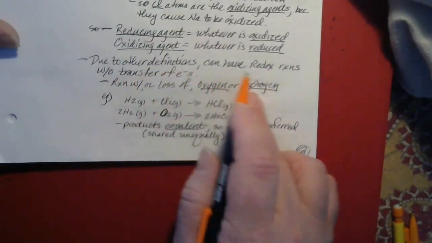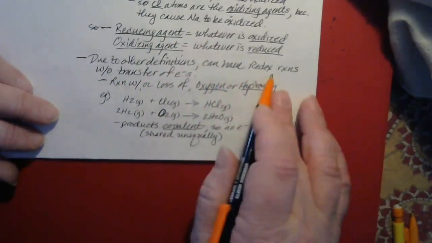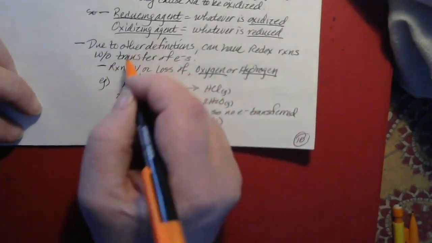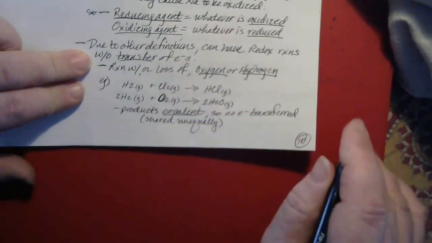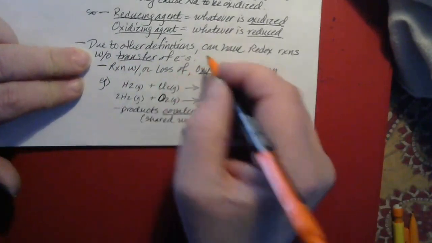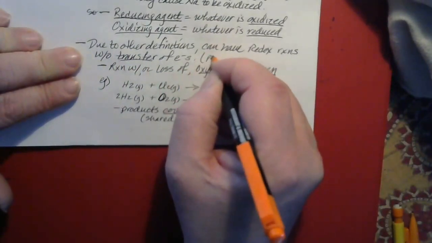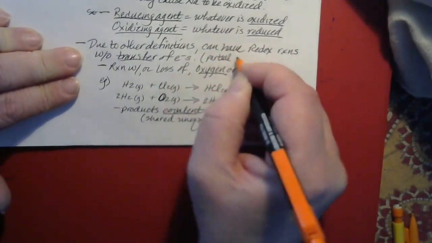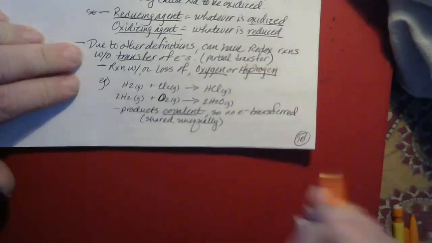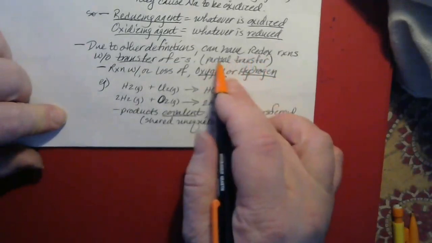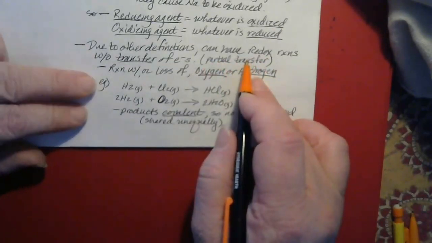Okay, due to the other definitions, you can actually have redox reactions in which an electron or electrons are not transferred fully. You can think of it as kind of a partial transfer of electrons.